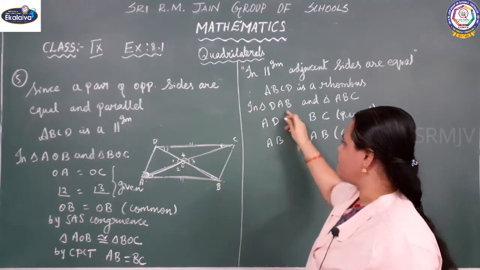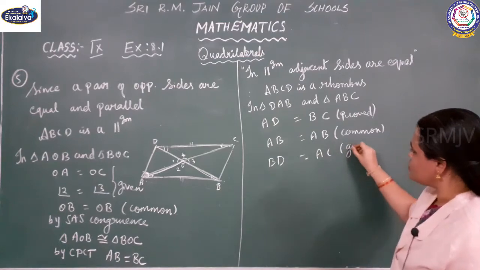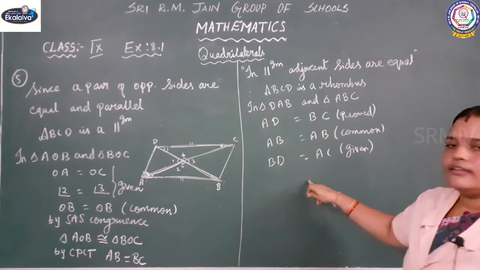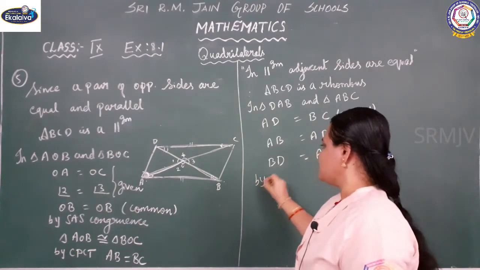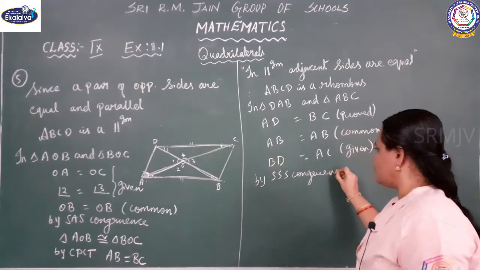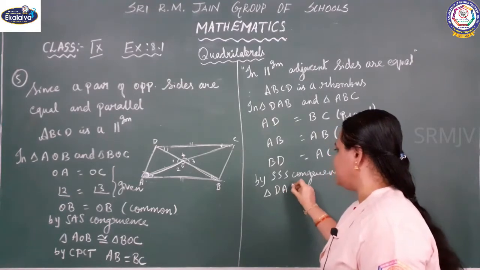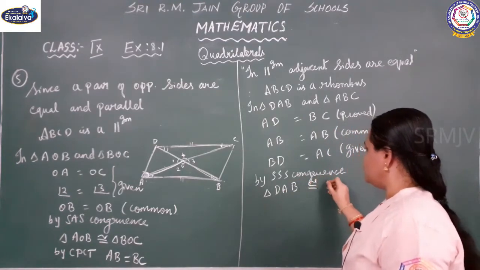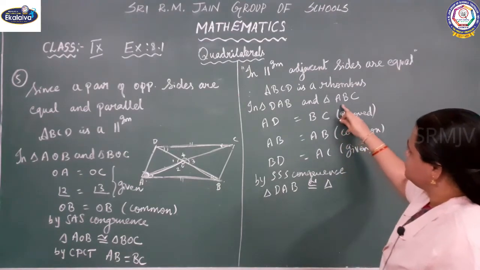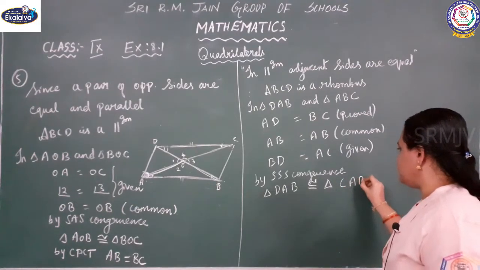So in this we have BD equal to AC. This is also given in the question. Now what congruence do we get? All the three are sides, right? So by SSS congruence, triangle DAB is congruent to triangle CAB.